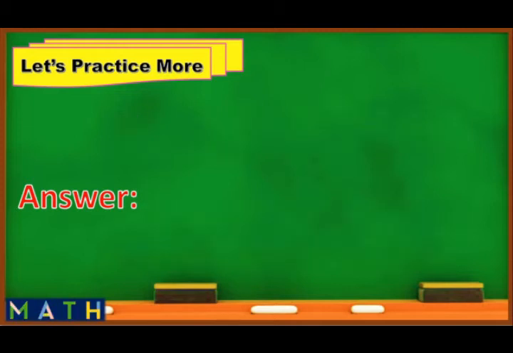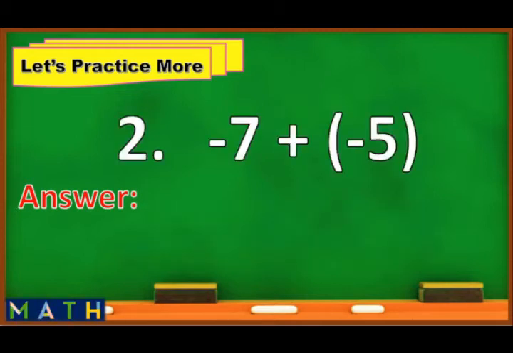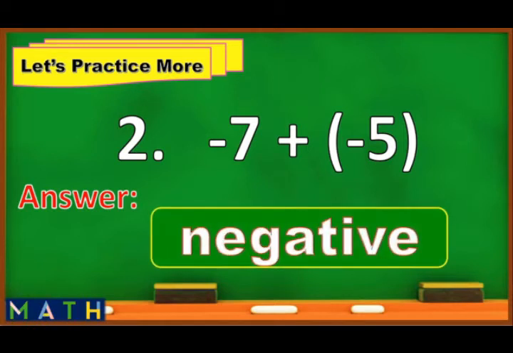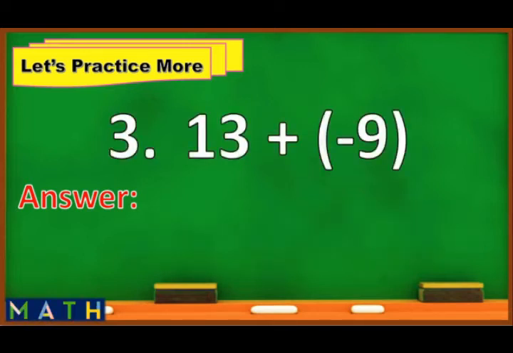Correct! For item number 2, negative 7 plus negative 5, what is your answer? The sum of the two negative integers, negative 7 and negative 5, will result in a negative integer. For item number 3, positive 13 plus negative 9, what is the correct answer?